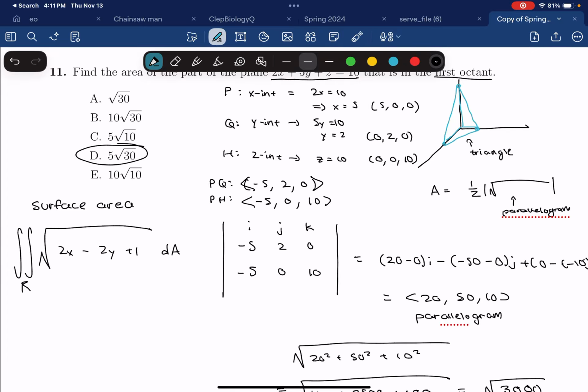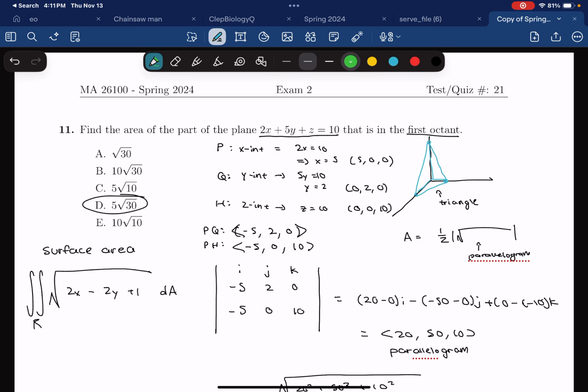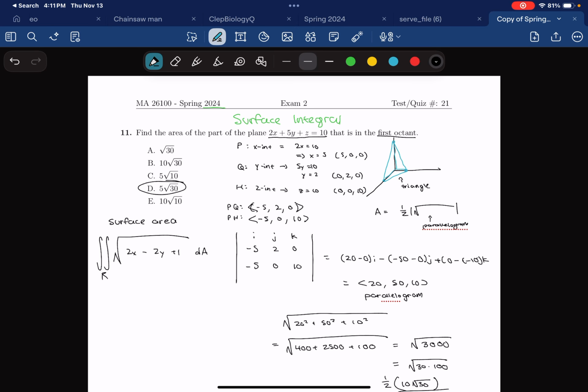Now, you might be wondering, what is this? And you don't have to be very scared. Since this is the 2024 exam, this is actually a surface integral problem. That is not on our test, but I would still know how to do this for our final test because it will be very important.